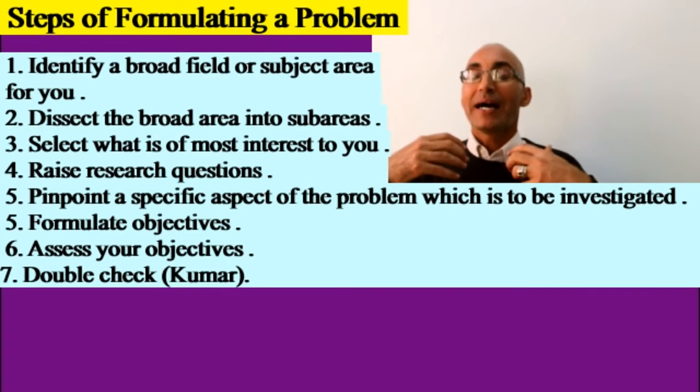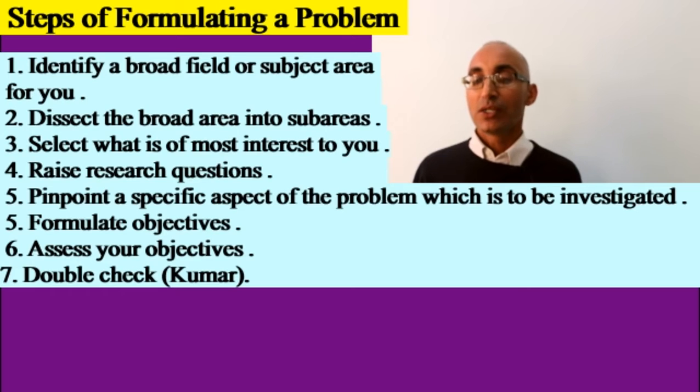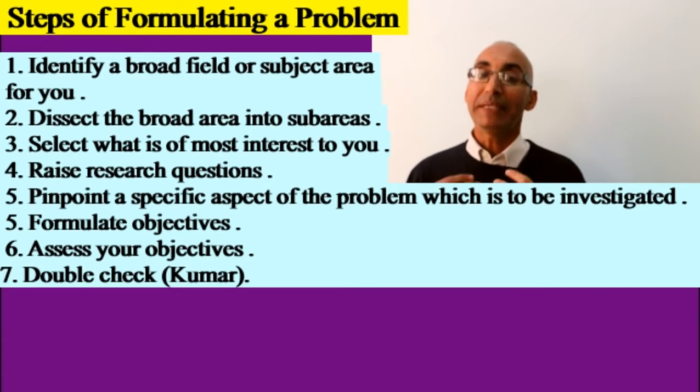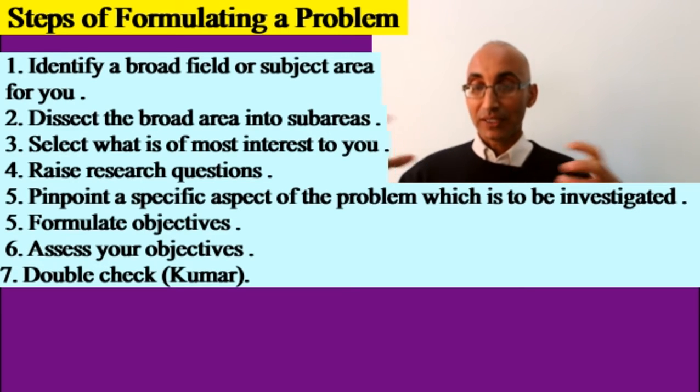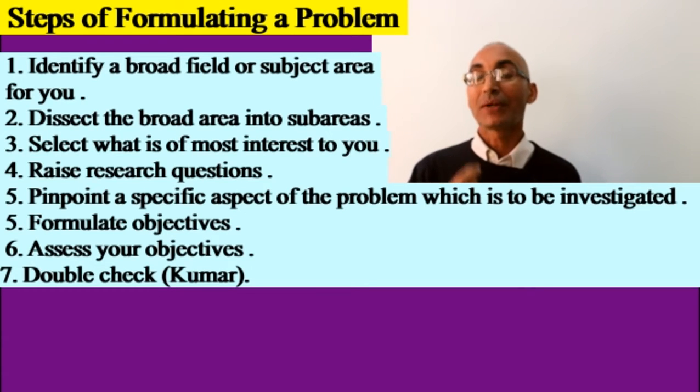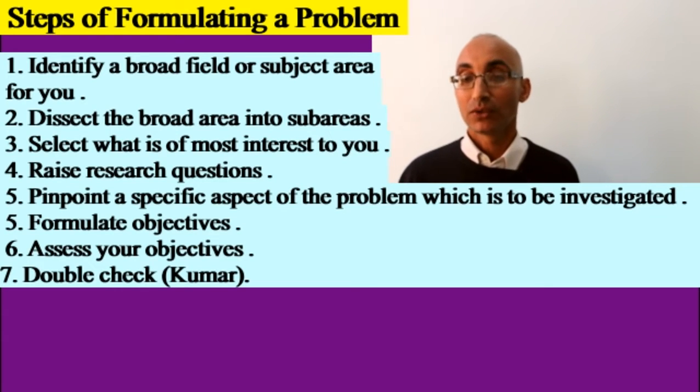Clear? For example, here, I can divide the field of education into, for example, acquisition, behavior, interaction, class management, and so on. Then I will select what is of most interest to me as a researcher. It means after dividing my broad field into sub-areas, I will choose one area which interests me, motivates me to work, to study, to investigate.